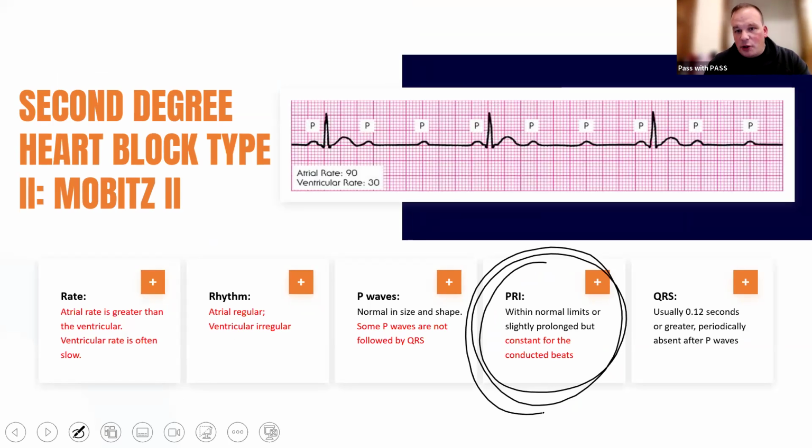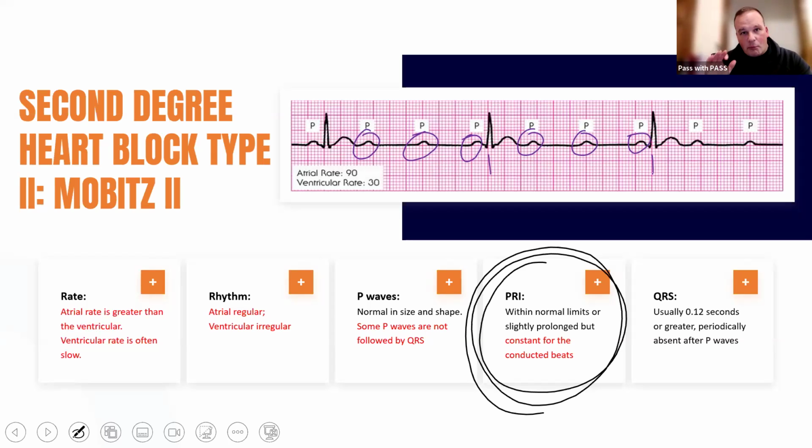So for every QRS complex, the P wave before it, that PR interval is the same for every conducted beat that we see. Okay, so let's look at this strip. We immediately see that we have more P waves than we have QRS complexes, right? P wave, P wave, P wave, 1 QRS, P wave, P wave, P wave, 1 QRS, and so forth.